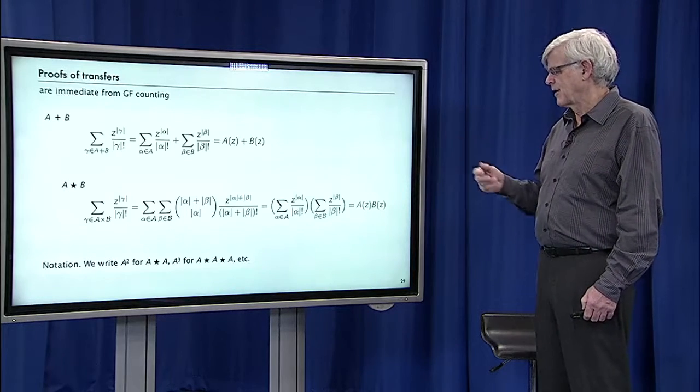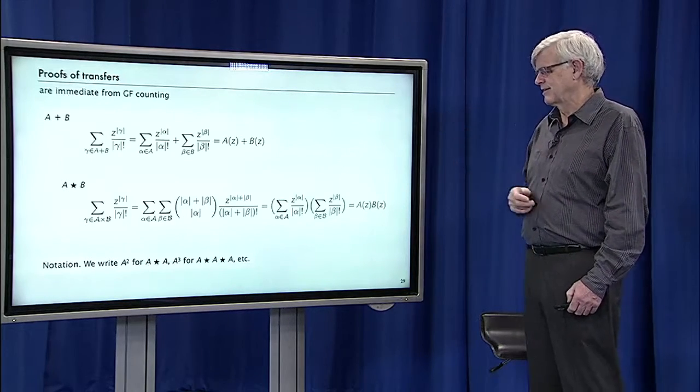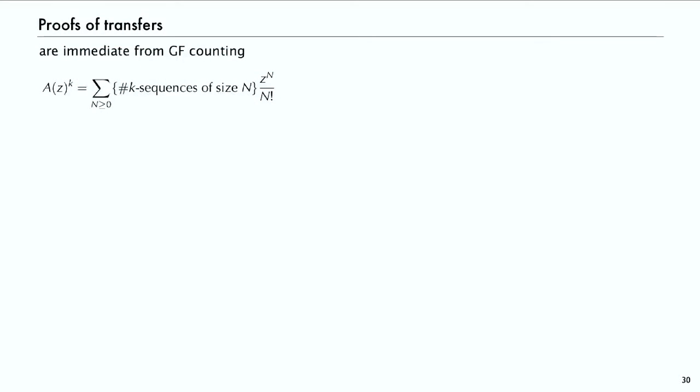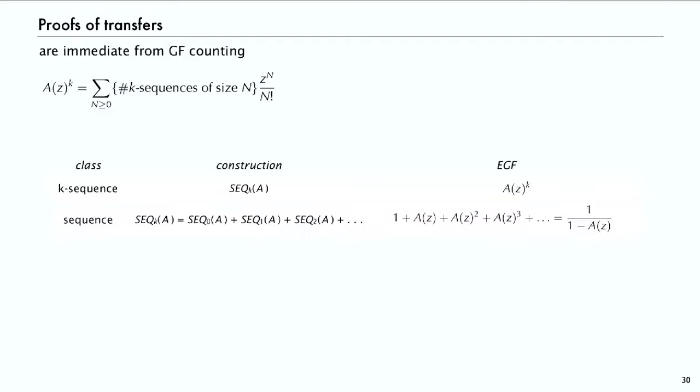And for the other operations, I have a slide that's got lots of dense math on it, but it's pretty simple. As we saw before, A of z to the k is the exponential generating function for the number of k sequences of size n. And if you add those all up for a sequence of any length, you get 1 over 1 minus z.